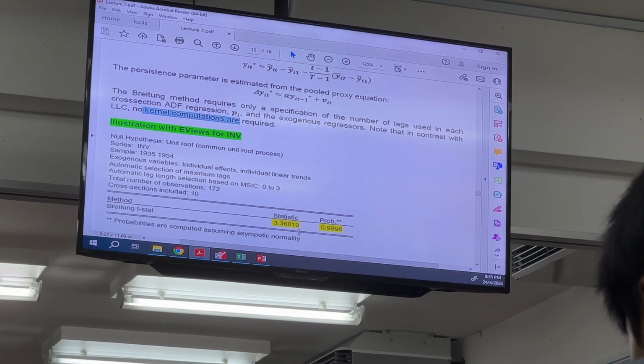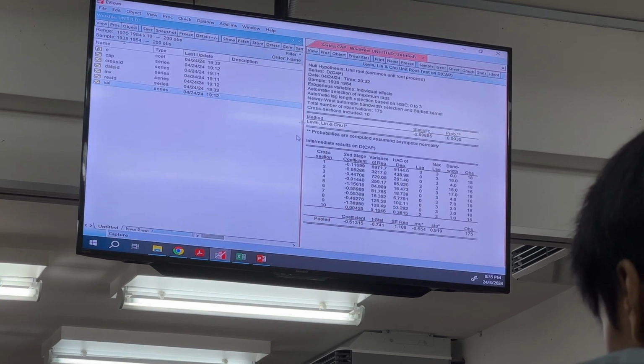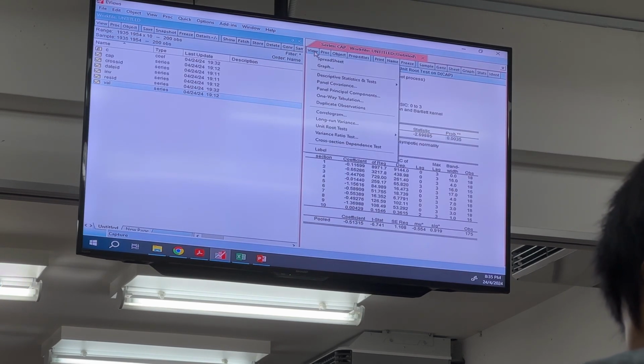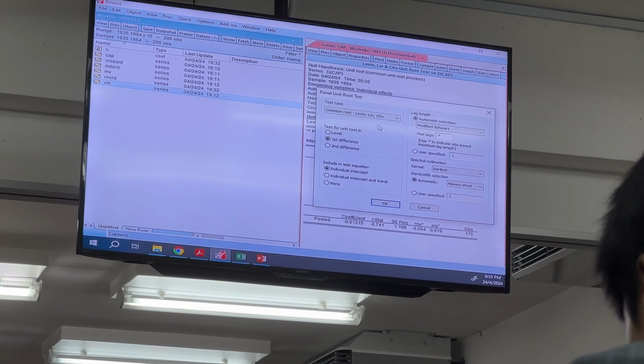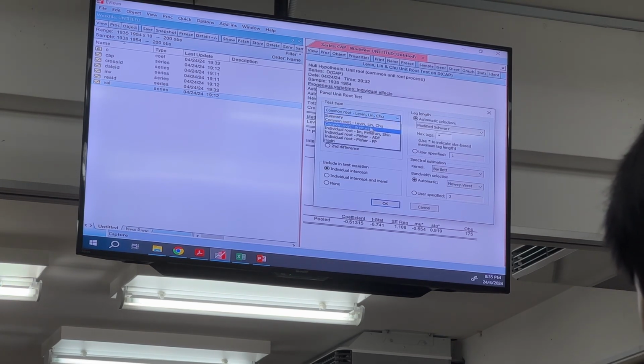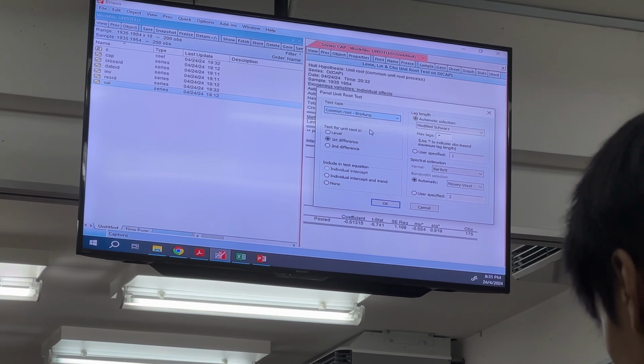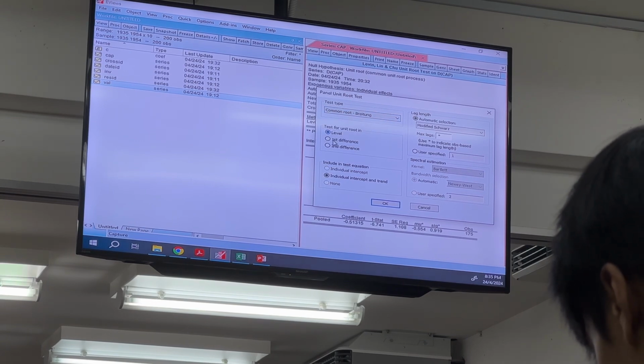So how can we run this breakdown in EViews? You can go to the unit root test, scroll down, and check for the common root breakdown. Then you can test for the levels.